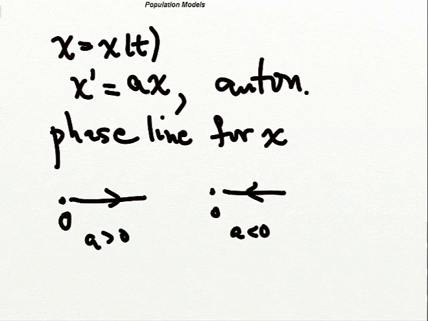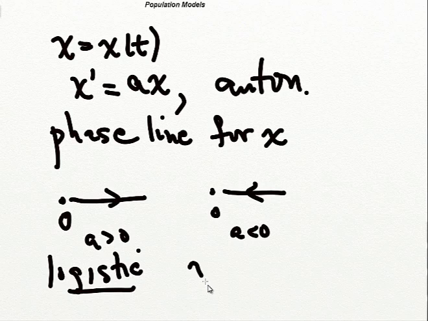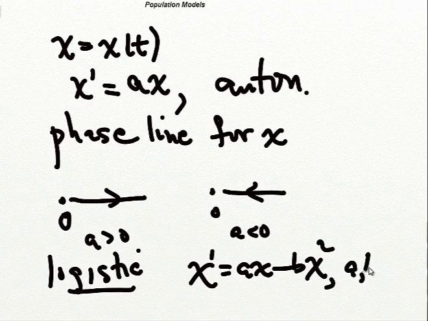Now we see from the phase line that this simple model predicts unrealistically that the population grows without bound. So a more realistic model imposes a so-called logistic condition, in which case the differential equation becomes x prime is equal to ax minus bx squared, where again a and b are positive constants.